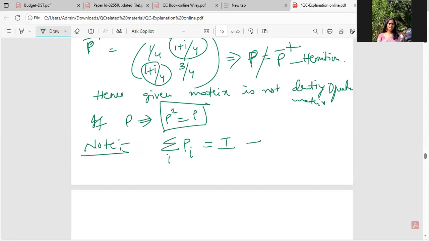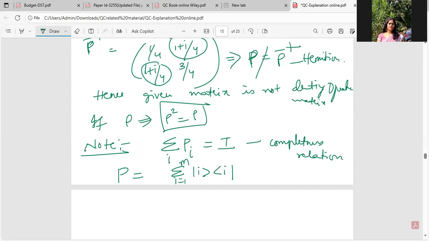This is called the completeness relation. What that is: suppose I take the probabilities P_i, with i equal to 1 to m.